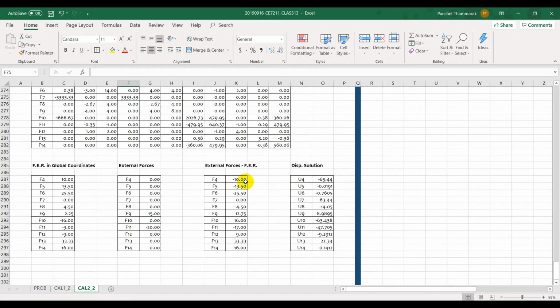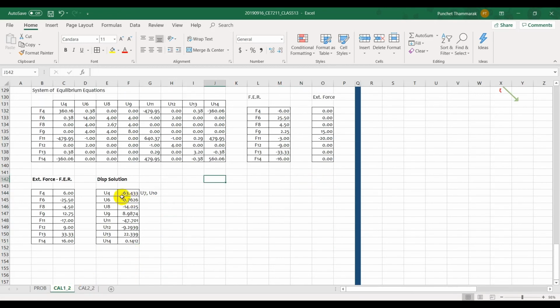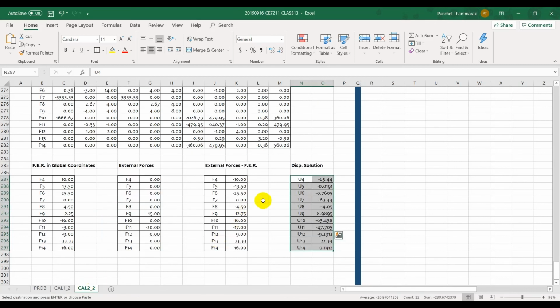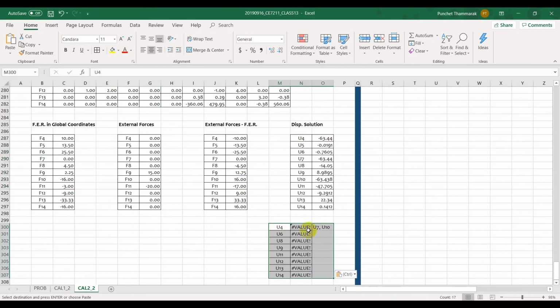Okay, so the displacement solution comes out, and you can compare the result from this case with this case. I can just copy this and paste here. Okay, so U4, 6344, U7 and U10, 6344, 6344.